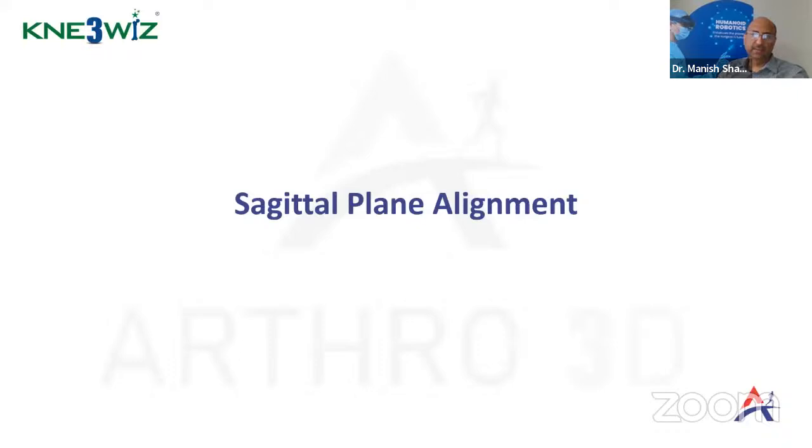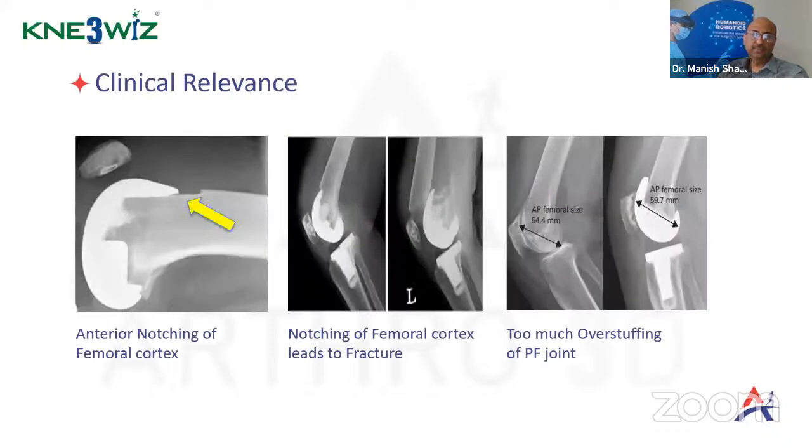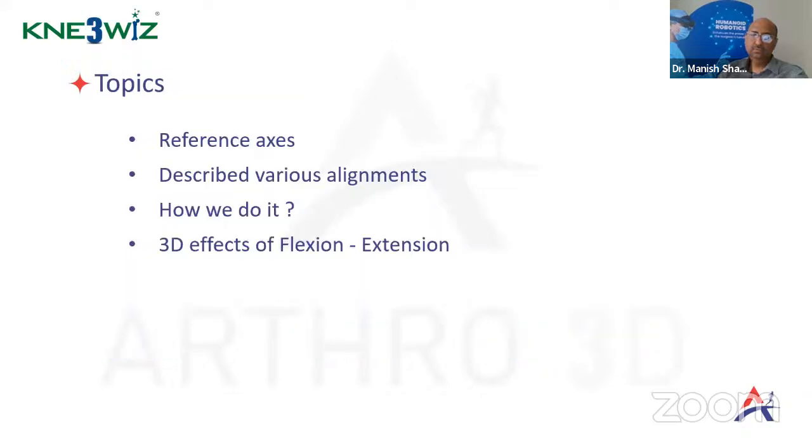The sagittal plane. Clinical relevance is anterior notching and patellofemoral overstuffing. Like in the coronal plane, let's look at what are the reference axes, what are the various described alignments, how we do it.